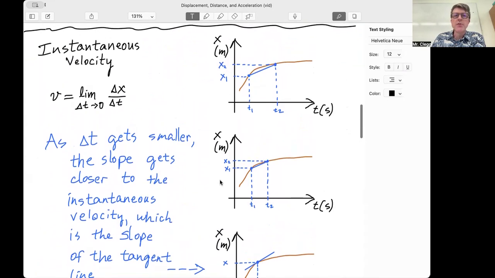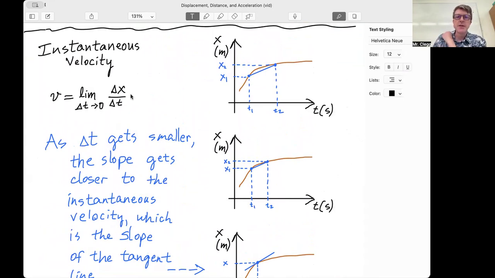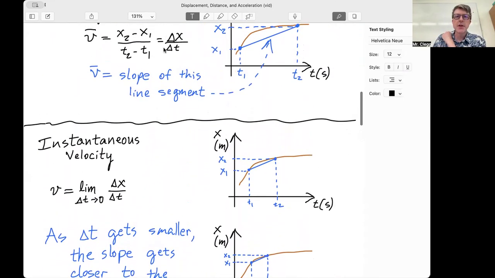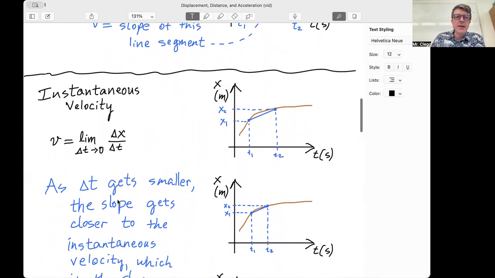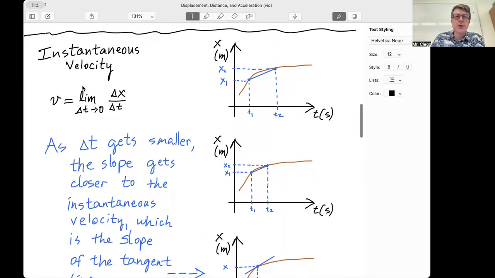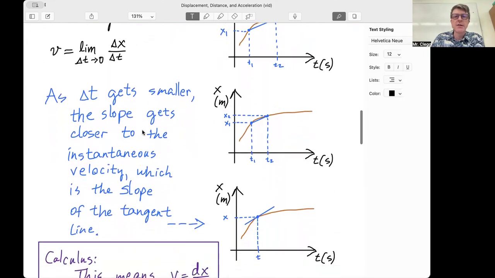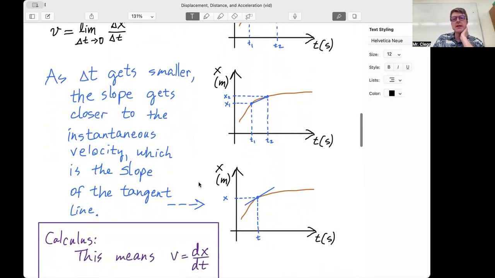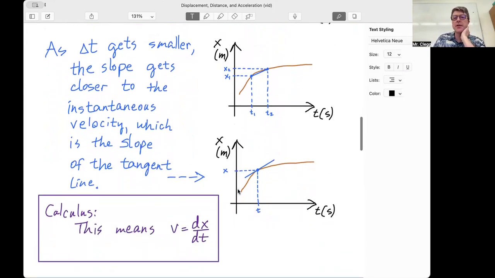The mathematical way to say this is we're taking the limit as delta t approaches zero of delta x over delta t. So we're taking the average velocity, delta x over delta t, and taking the limit as delta t gets closer to zero. In calculus, that's actually called taking the derivative. I'll show you that in just a second. As delta t gets smaller, the slope gets closer to the instantaneous velocity, which is the slope of the tangent line.